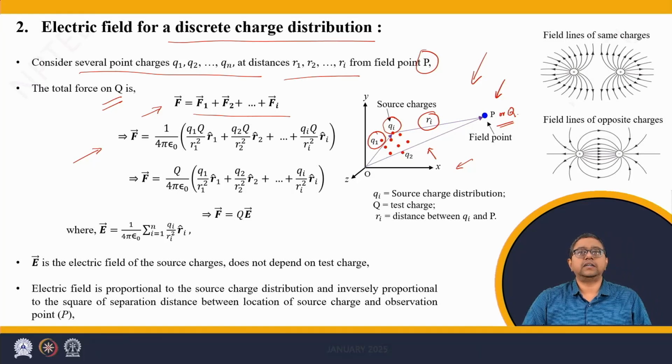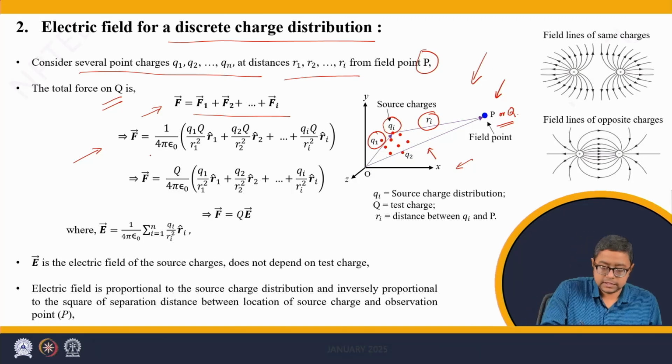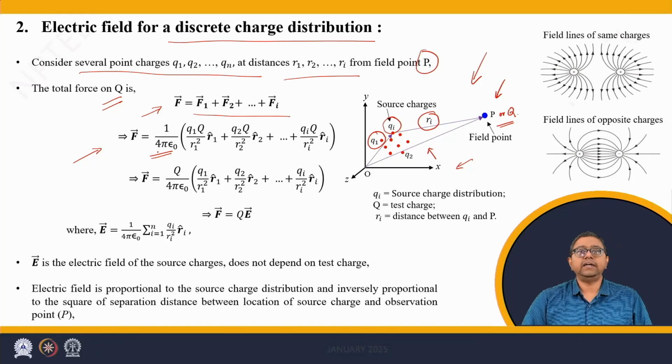The F vector now corresponds to the sum of the individual source fields. Having taken the component which is constant outside as a common factor, we have the rest of the expression given by Q1 into capital Q by R1 square, plus Q2 into capital Q by R2 square, etc.